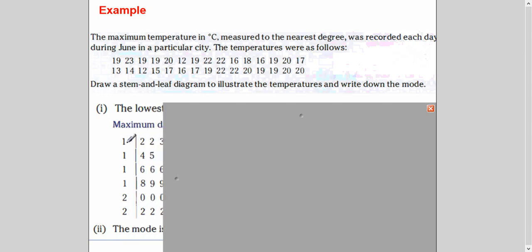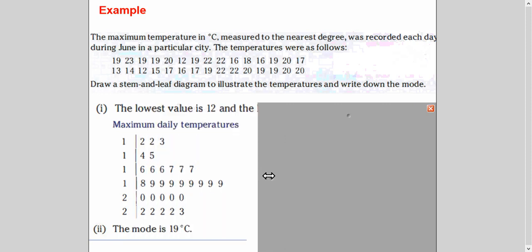Okay, so if you see what I have done in this question, 1, 1, 1, 1, so many times. You know why? Because the data is too big. So we have taken from 12 to 13, 14 to 15.